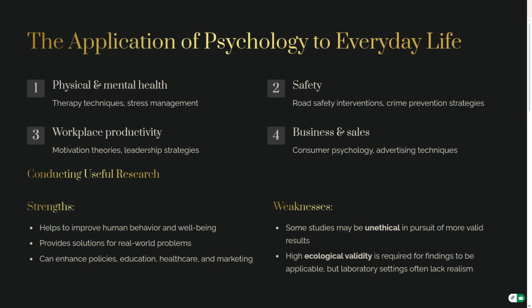Workplace productivity, motivation theories, for example under organizational psychology, which is under the A level, can help to improve the workplace, business and sales, consumer psychology, advertisement techniques, etc. Application to the real world is actually a very broad thing. This is just some of the examples I could bring on the slide.